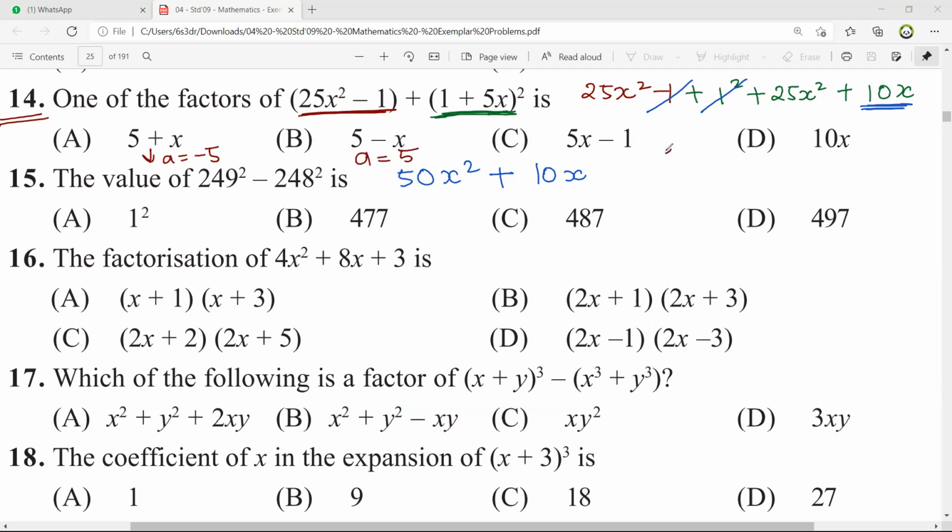In option C, a is equal to 1 by 5, and in option D, a is equal to 0. So then you put a in this polynomial, which is our p of x, and then you find out p of a, and if that comes out to be 0, then that will be your factor. So that is one way to do it, and another way that you could do it was the one that we did. You can just factorize it, right?